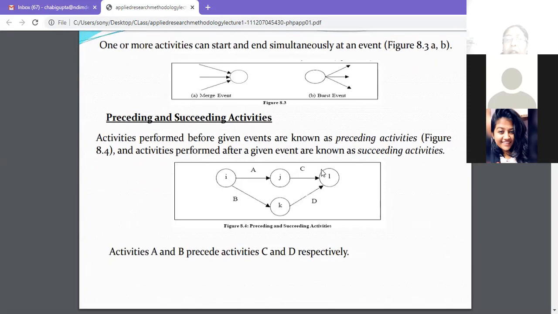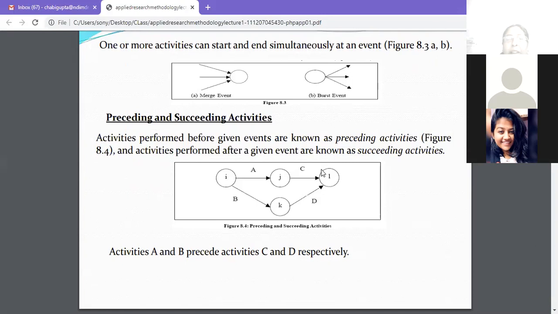Okay, for a merge event, say three of you come to college at one time. All of you take an auto and come to college. Till all three are at one location, you meet there, take an auto from there and come to college.